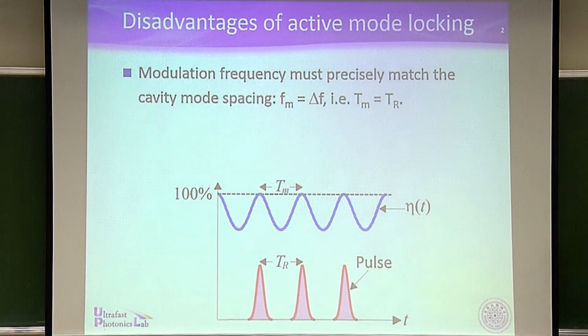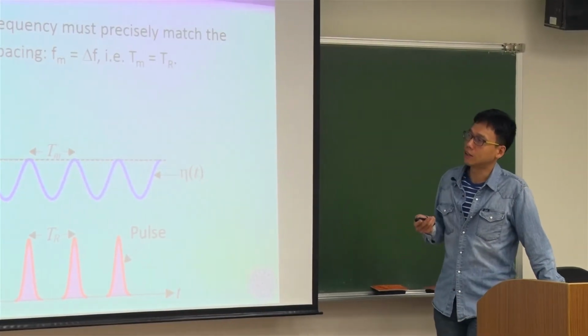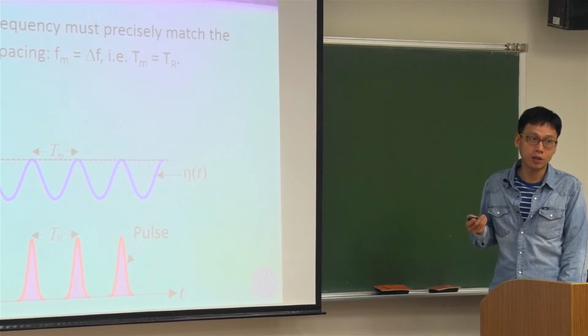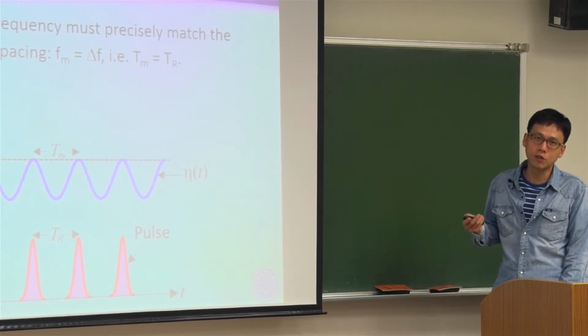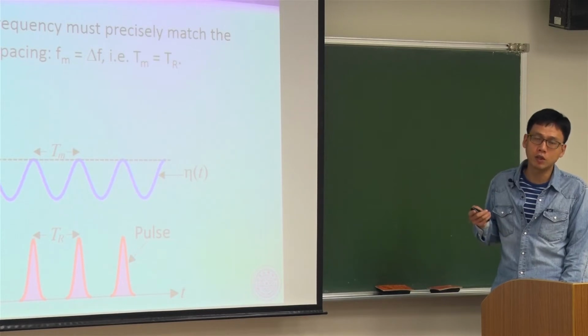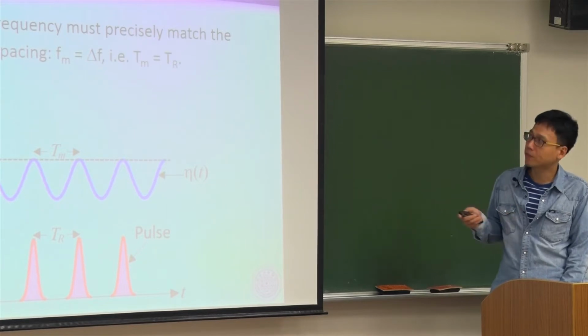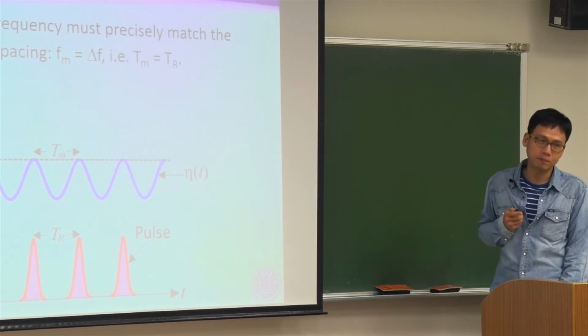If you still remember in the midterm exam, you were asked why in steady state a cavity can only permit discrete frequencies. And the spacing between 2 adjacent permitted frequencies is delta f, okay? So they have to be the same.